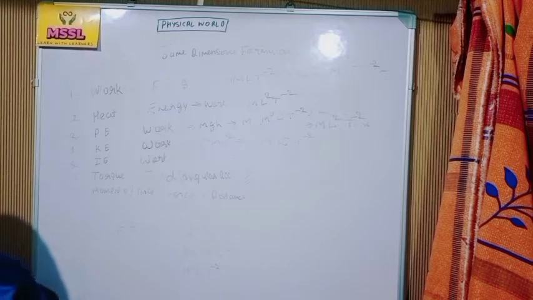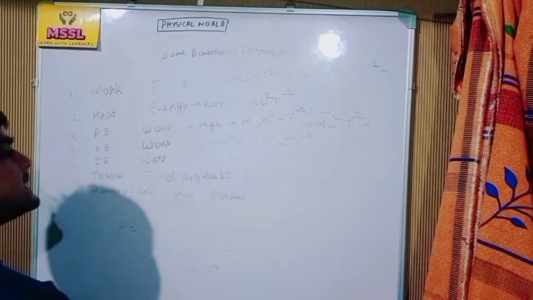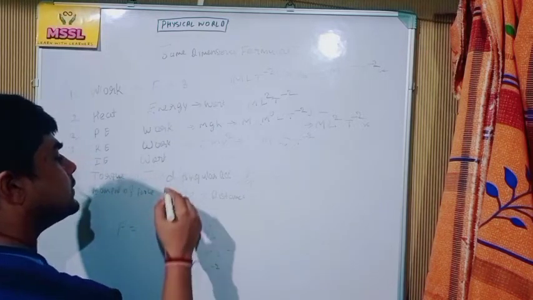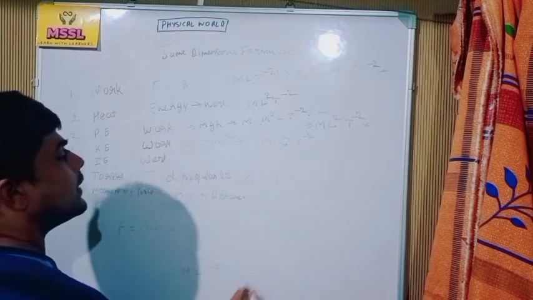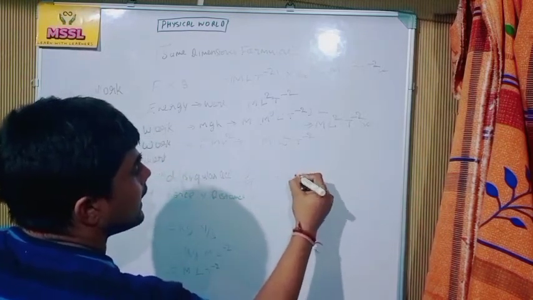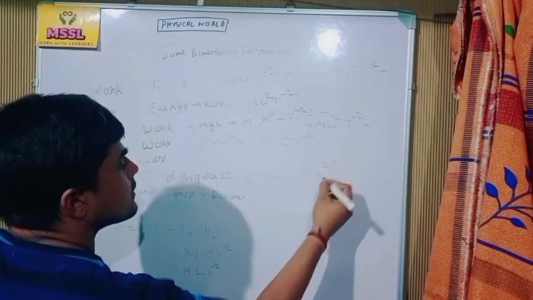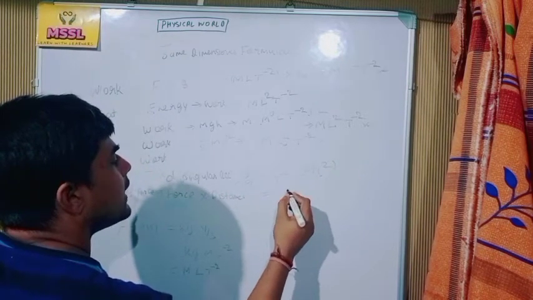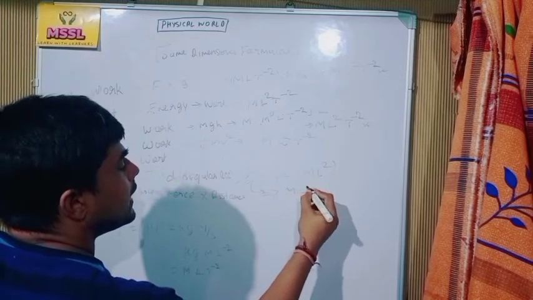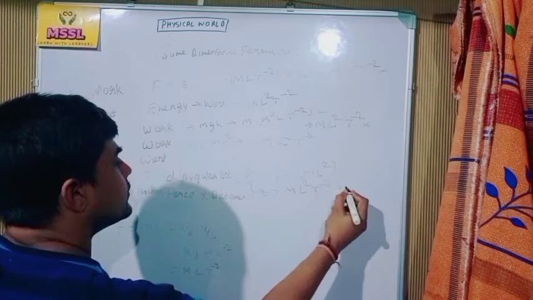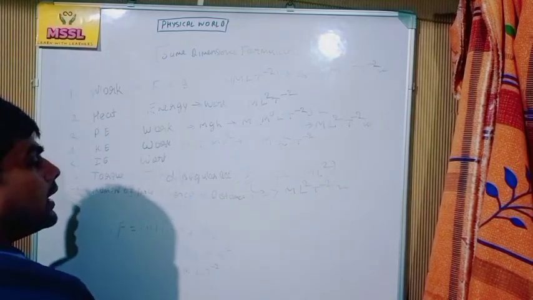I is the moment of inertia. So the moment of inertia is what? Mass into radius of gyration square, which is M L square. So finally we can write M L square T minus 2 for the torque.